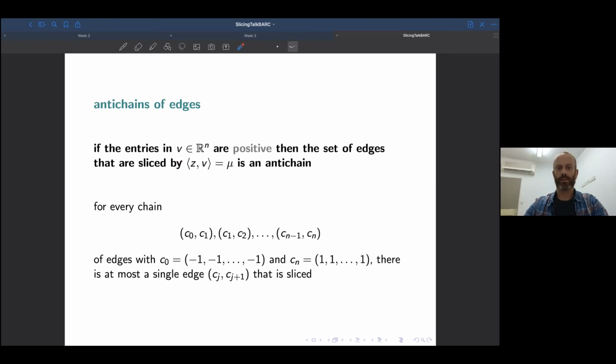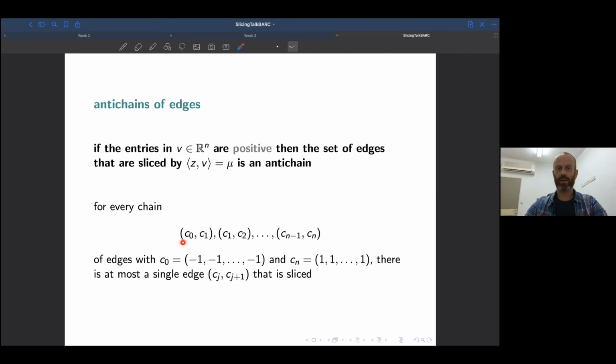So the statement is, if the normal vector V has only positive entries, and we look at the collection of edges that this hyperplane slices, then this collection of edges is an antichain. Okay, what does it mean to be an antichain? This is written here.